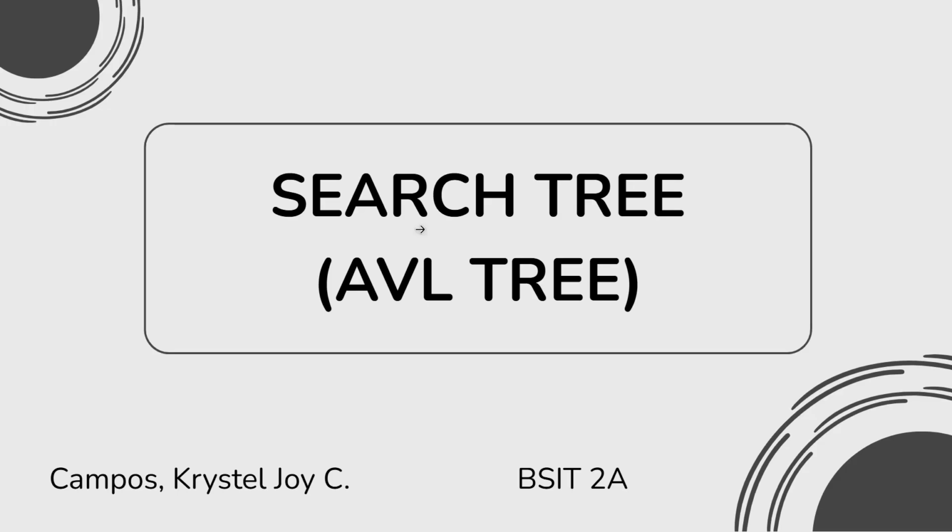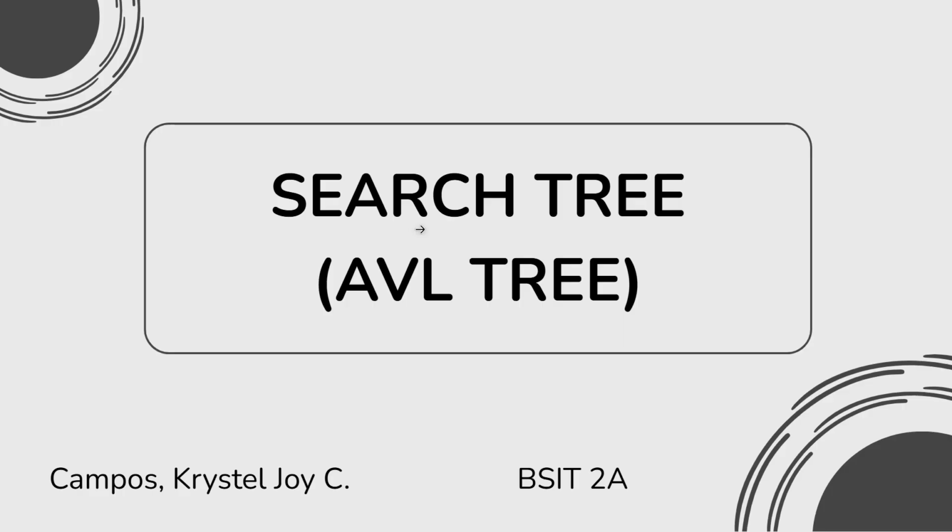Good day. Today I will be discussing binary search tree, also known as BST, and its special type, which is the AVL tree. Before we go deeper, let us first understand what a tree data structure is.